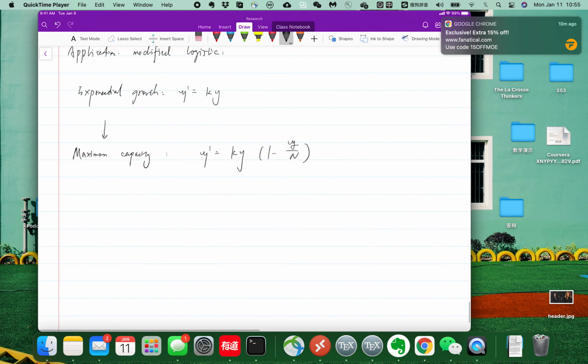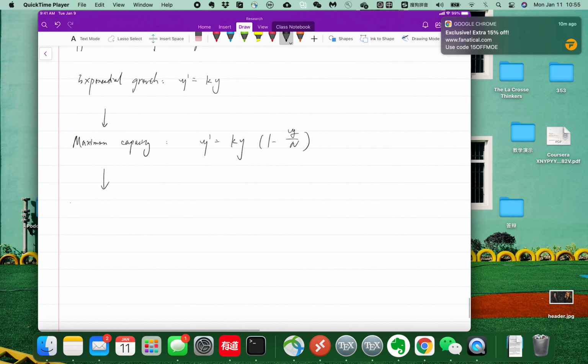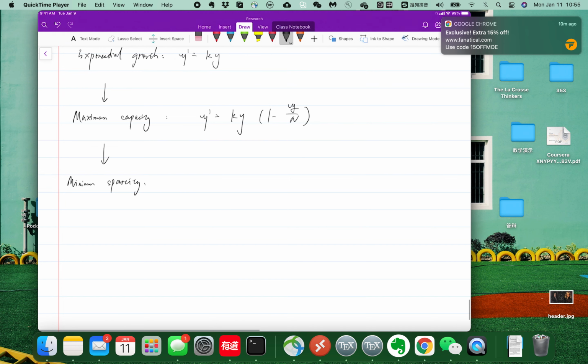All right. Now from there we want to add one more thing. That is, we want to have the minimum sparsity. This works especially well for species that collaborate with each other. So let's say if you throw 3 people into a wild environment, maybe they will just die very quickly because they do not have a sufficient number to survive.